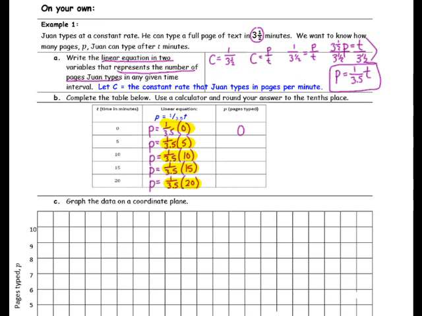In 0 minutes, you can type 0 pages. Our second answer, 1 divided by 3.5 times 5, and that answer is 1 3/7, and it rounds to 1.4. Remember to round to the tenths place. Pause the video and complete these calculations to complete the table. Check your work for the number of pages typed.